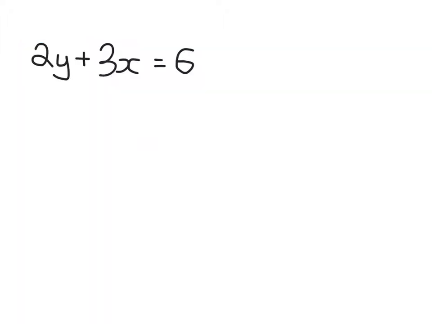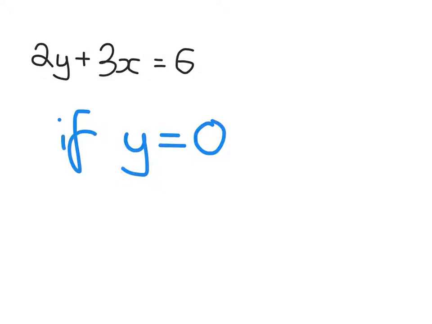To get our second point that can be plotted on the graph to give us our straight line, we need to find the x-intercept, and the x-intercept is when y is equal to 0. So, if y is equal to 0, we can substitute that into our equation.